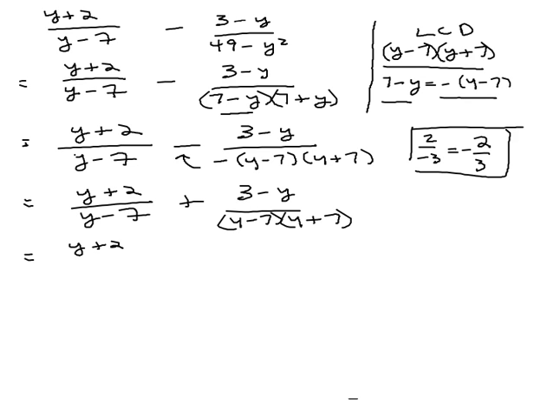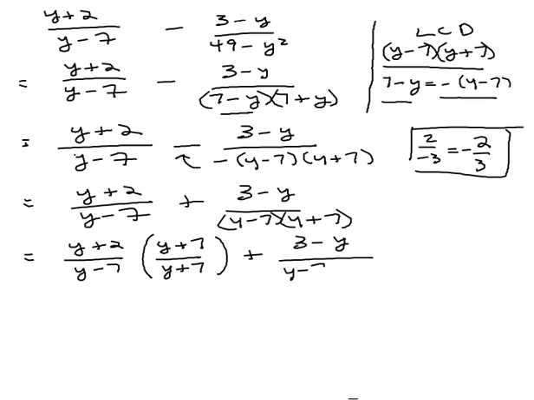So (y + 2)/(y - 7), multiply that by 1 in the form of, what do we need? (y + 7)/(y + 7), plus (3 - y) over the LCD of (y - 7)(y + 7). We have to multiply out this numerator.